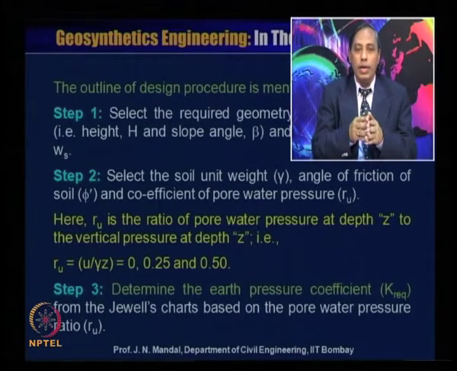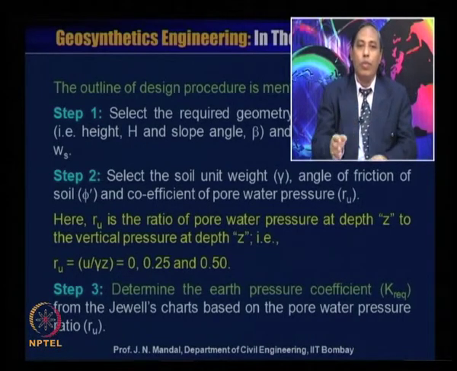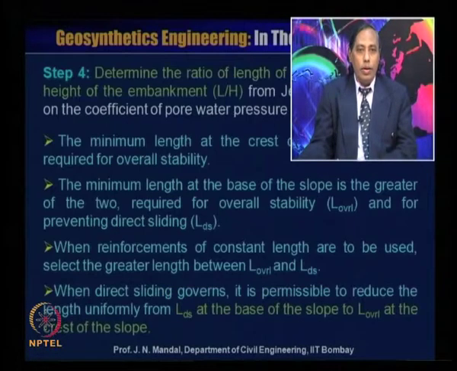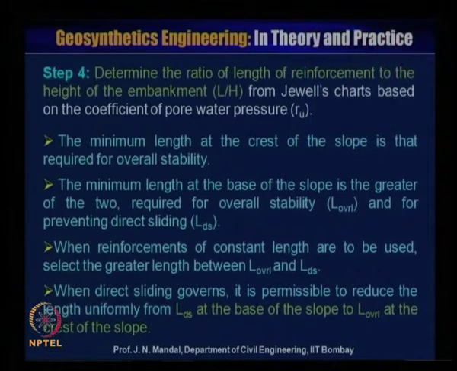Step 3, determine the earth pressure coefficient K required from the Jewell chart based on the pore water pressure ratio, that means Ru. Step 4, determine the ratio of length of the reinforcement to the height of the embankment, that means L by H, from the Jewell chart based on the coefficient of pore water pressure Ru.